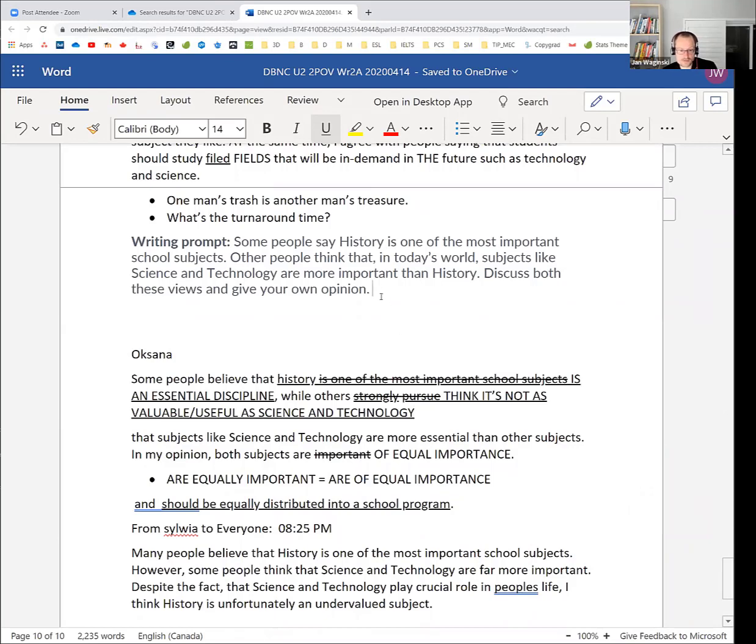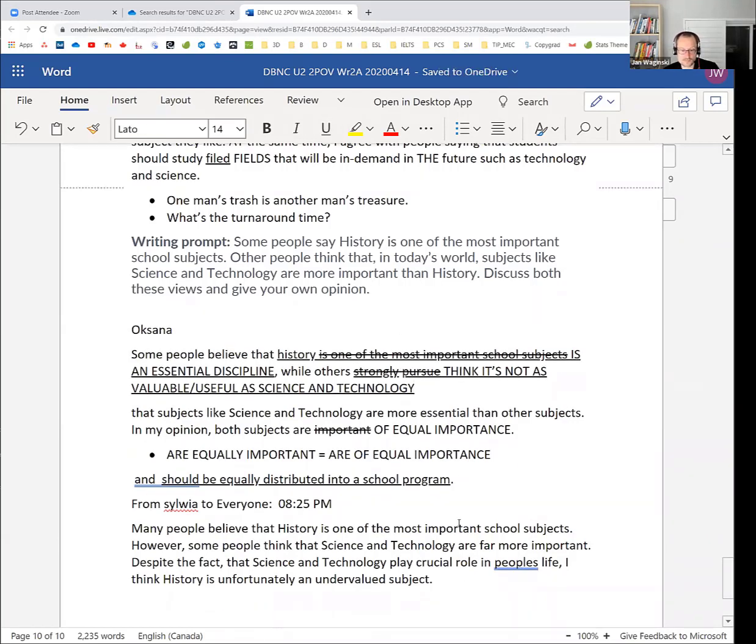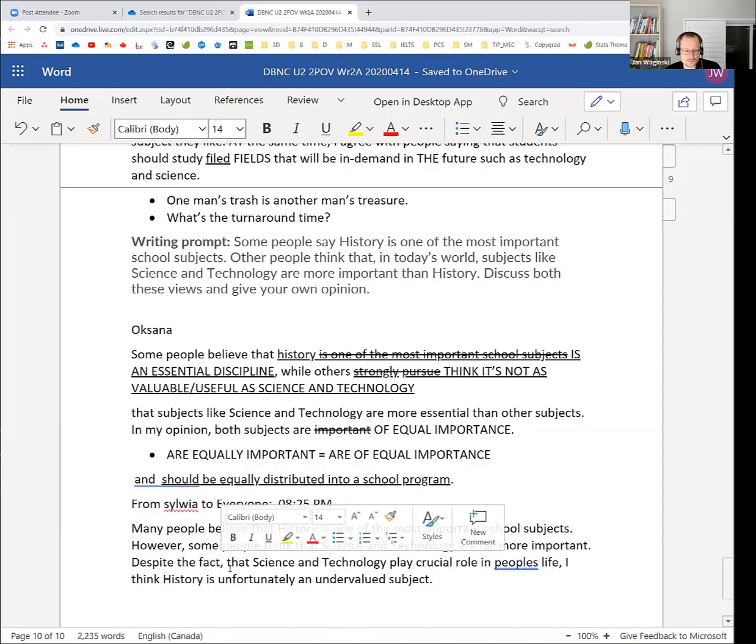Okay, so Sylvia, you've got the same issue here. One of the most important school subjects are far more important. So on the exam, you can't do this. This is far too close to the original. So despite the fact, okay, despite the fact is followed by that.